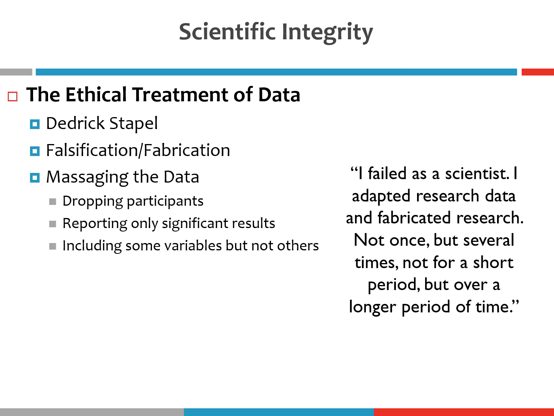For example, if you collect data on numerous variables, and most of those variables are not significantly related to whatever construct you're studying, but you only report the ones that are.